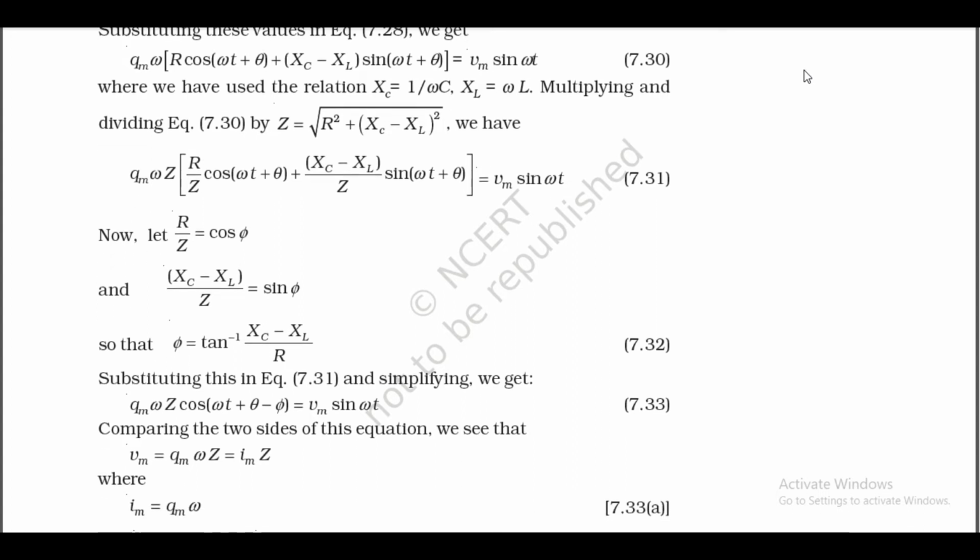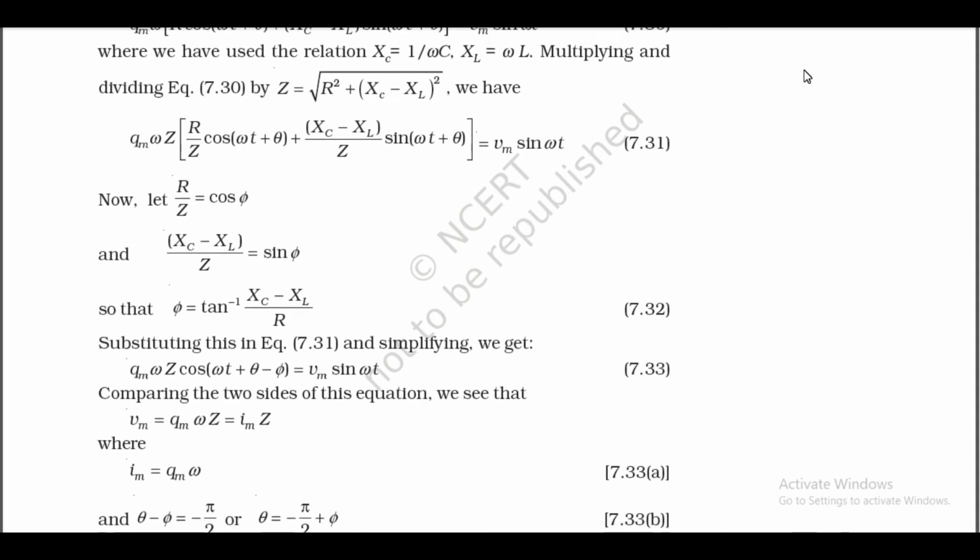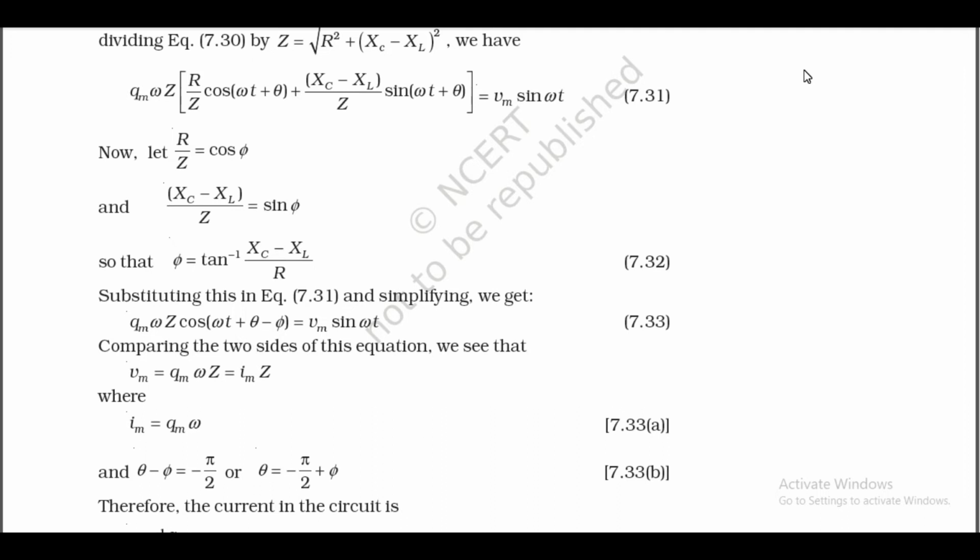Multiplying and dividing equation 7.30 by Z is equal to root over R square plus Xc minus Xl whole square, we have Qm omega Z into R by Z cos of omega t plus theta plus Xc minus Xl divided by Z sin of omega t plus theta is equal to Vm sin omega t.